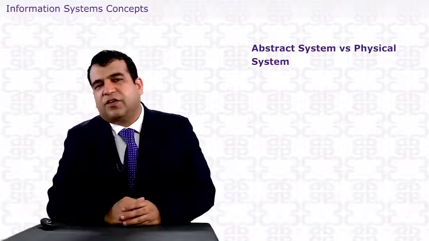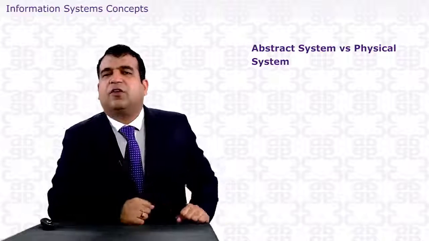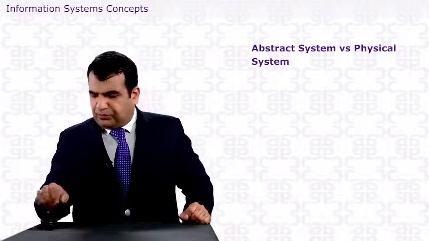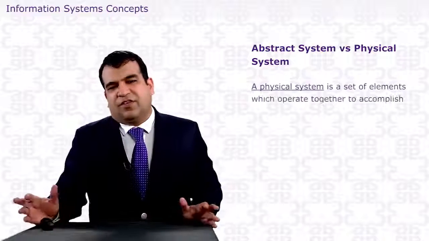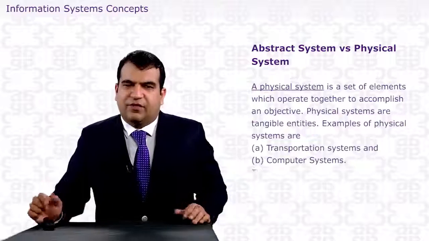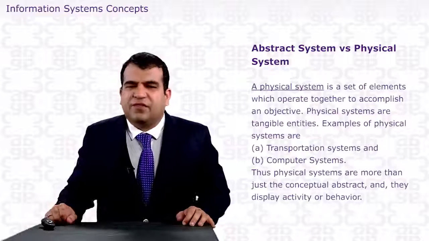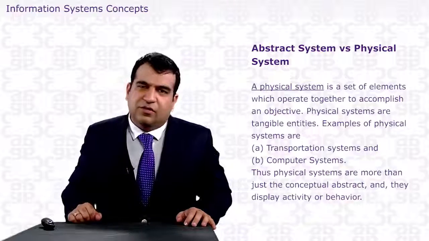That is known as a physical system. When we were only talking about the flow chart or a drawing or a model, that was referred to as an abstract system. So a physical system is a set of elements which operate together to accomplish an objective. Physical systems are tangible entities. Other examples of physical systems could be your computer systems or your transportation systems.